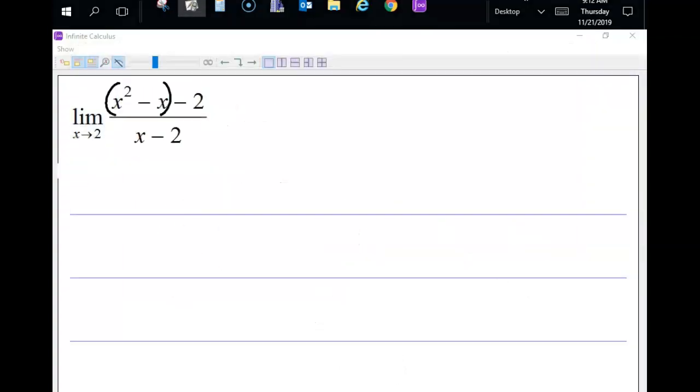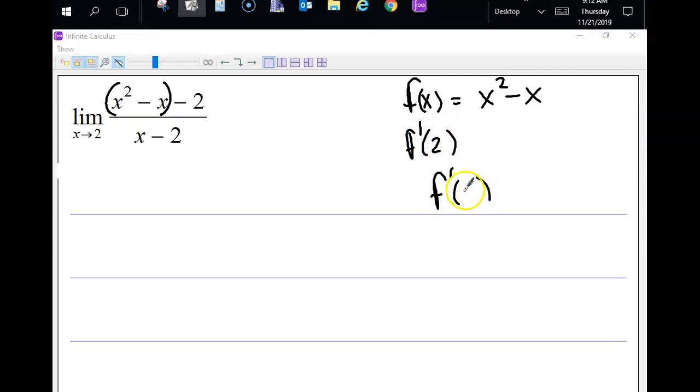So what would the function be here? It would be x squared minus x. Okay? And what value am I finding the derivative at? 2. So, what's f prime of x? 2x minus 1.